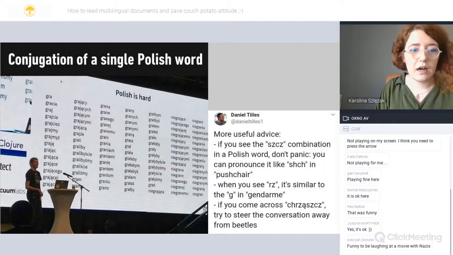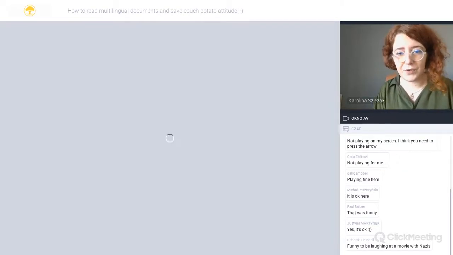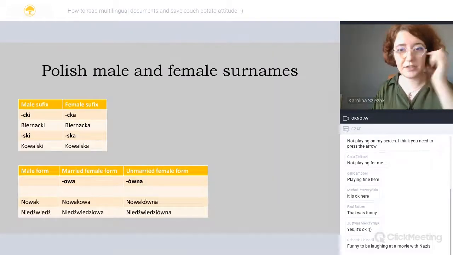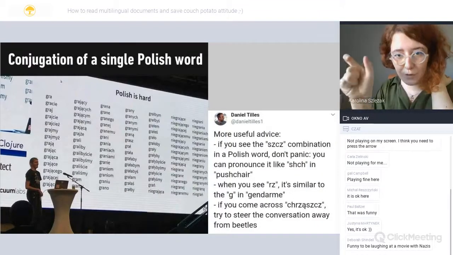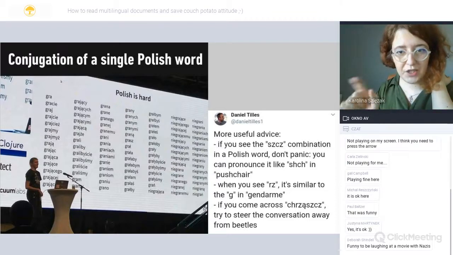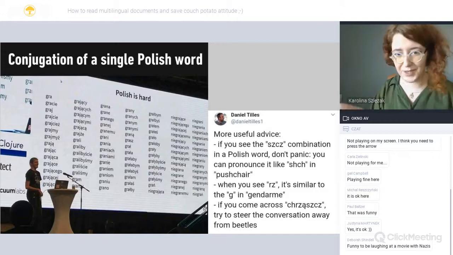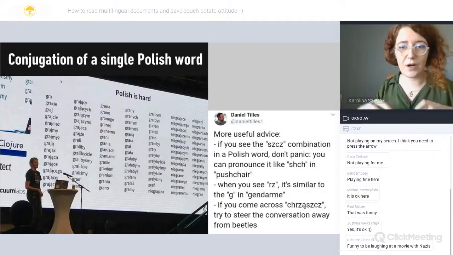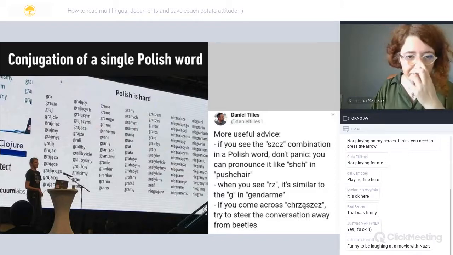But the thing we need to know when we begin the research is that the endings of the words may change because of the case or the place in the sentence.